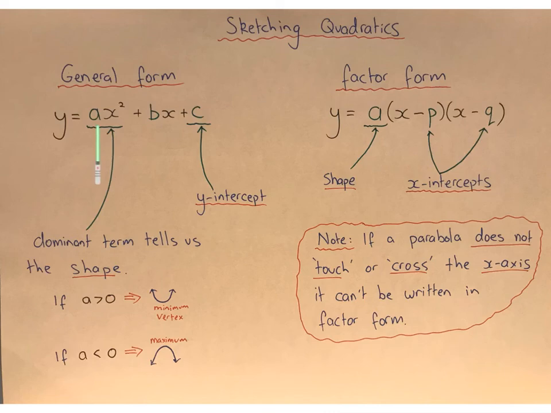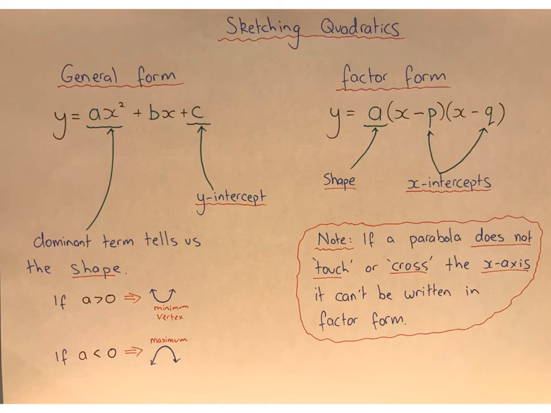So if a is greater than 0, that is, if a is positive, then we have a graph that opens upwards, producing a minimum vertex. However, if a is negative or less than 0, then we get a parabola that opens downwards, giving us a maximum vertex. The plus c, just like in our straight line equation, gives us the y-intercept.